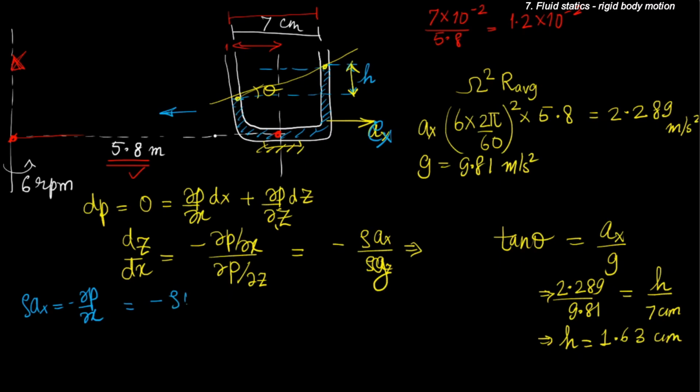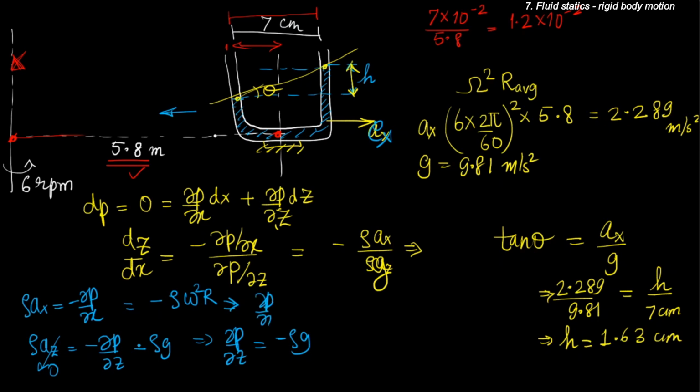So minus rho omega square r, because in the lab frame it will be the centripetal acceleration, and rho az equal to minus del p del z minus rho g. Az will be 0, which implies del p del z will be equal to minus rho g, and this implies del p del x is equal to rho omega square r. So combining this, rho gets cancelled, so this is minus of ax upon g.